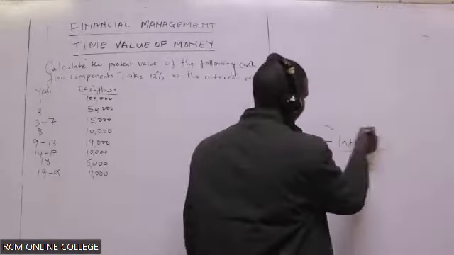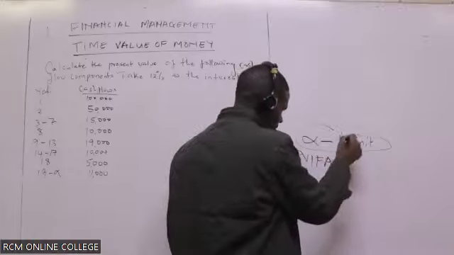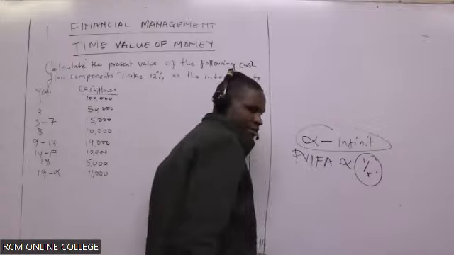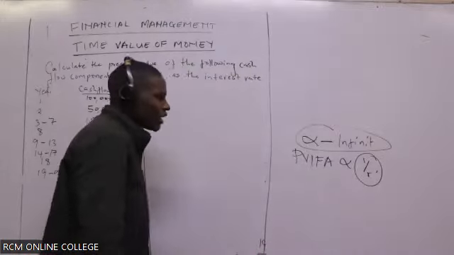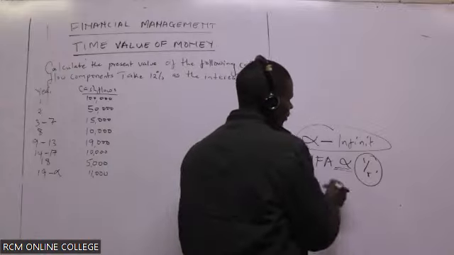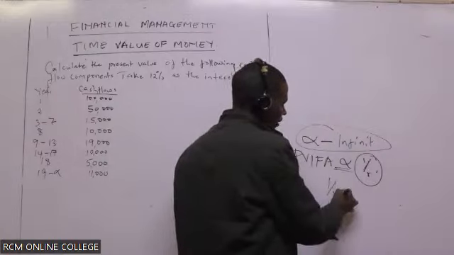We have an infinite, and to get the present value interest factor of an annuity of an infinite, we say it's 1 over r. Please write that down. To get the present value interest factor of annuity, or the discount of annuity, it is 1 divided by r.